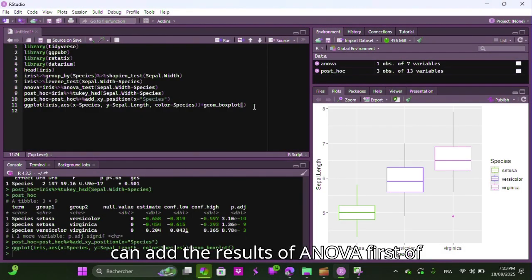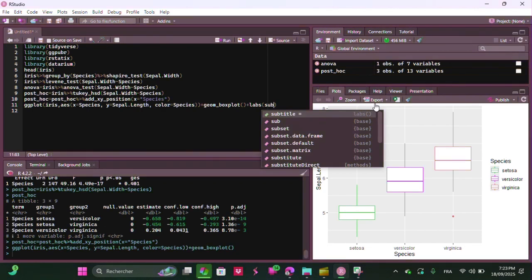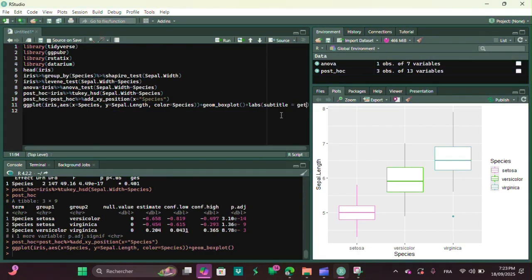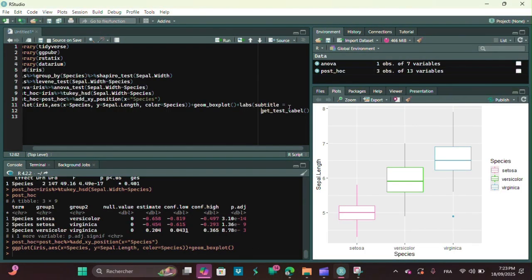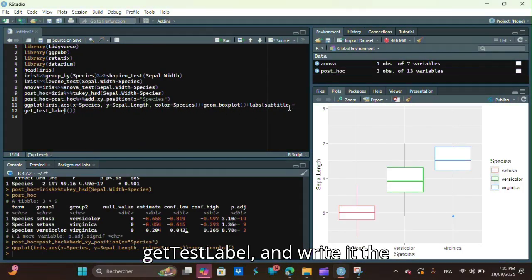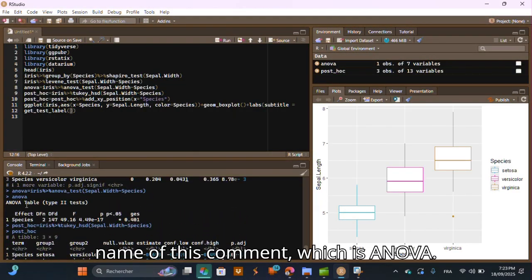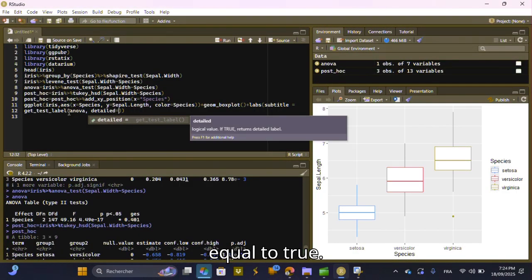So we can add the results of ANOVA first, plus labs, subtitle equal to get_test_label, and write the name of this command, which is anova, as we named it, very well, comma, detailed equal to true.